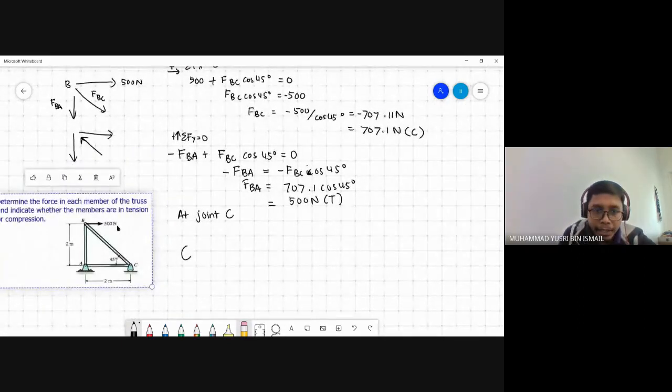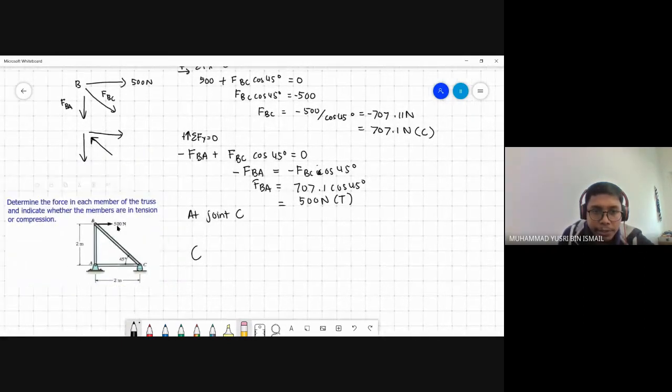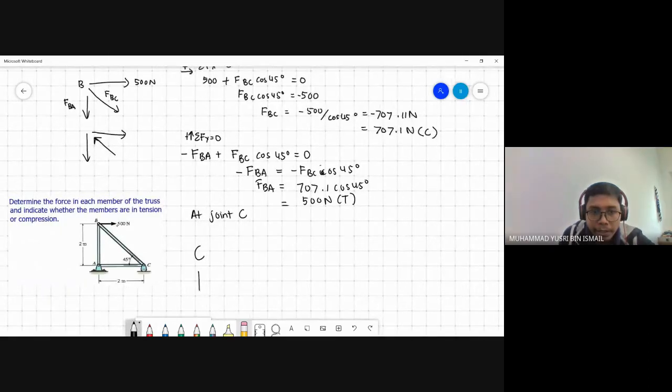Okay, C. I know there's a force acting upward, which is Cn. And then I know as well there's a compression force acting here. Okay, compression.